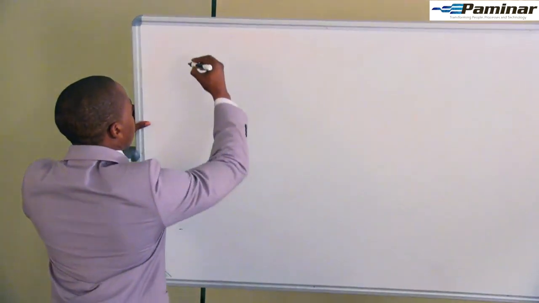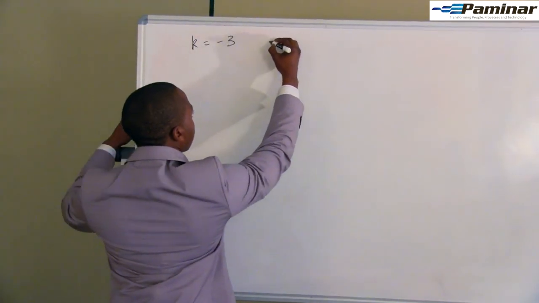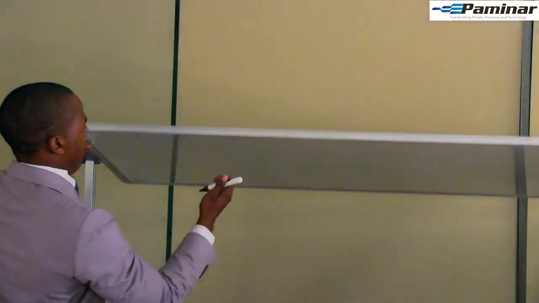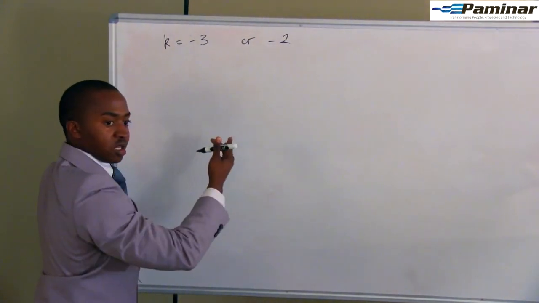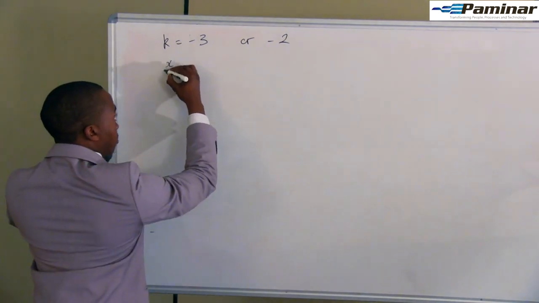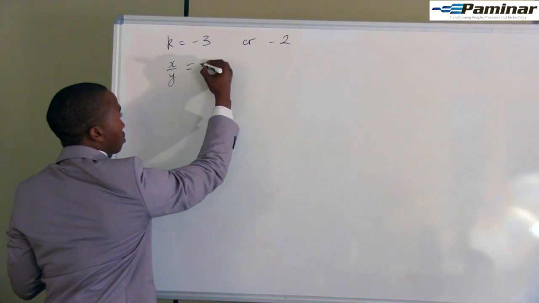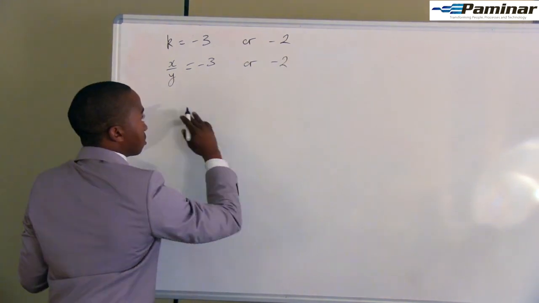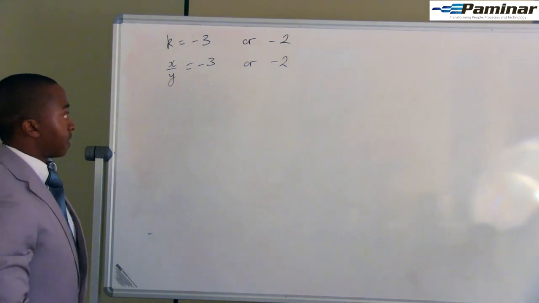In other words, k will equal -3 or -2. And what did we say k is? It's x over y. So it's the same as saying x over y is equal to -3 or -2. And those will be your two ratio values for x over y.